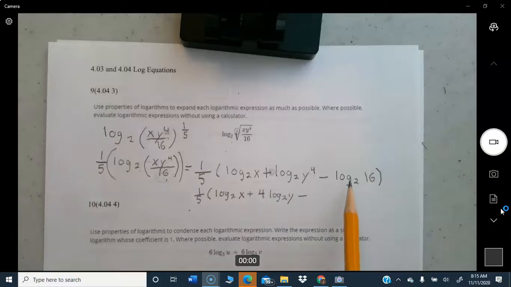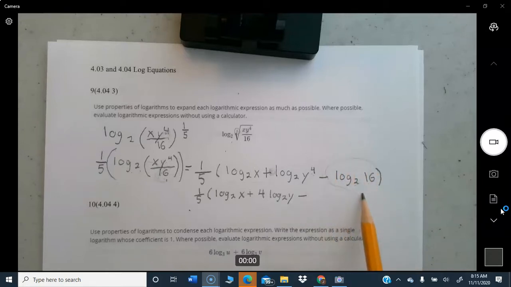And now, log base 2 of 16 is asking what do you have to raise 2 by to get 16? You could use the change of base formula. That would be log base 10 of 16 divided by log base 10 of 2 and figure it out. But a lot of you may be at the point where you can just look at this. 2 raised to what power gives me 16? 2 to the first is 2, 2 to the second is 4, 2 to the third is 8, 2 to the fourth is 16.